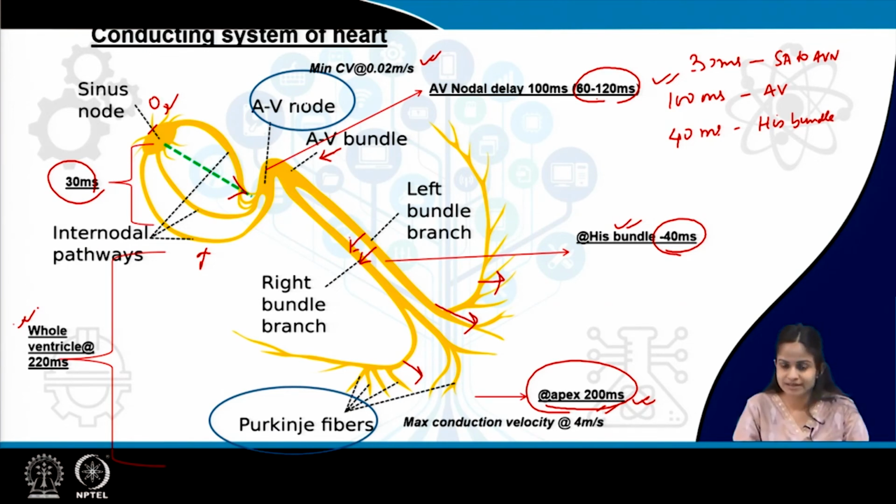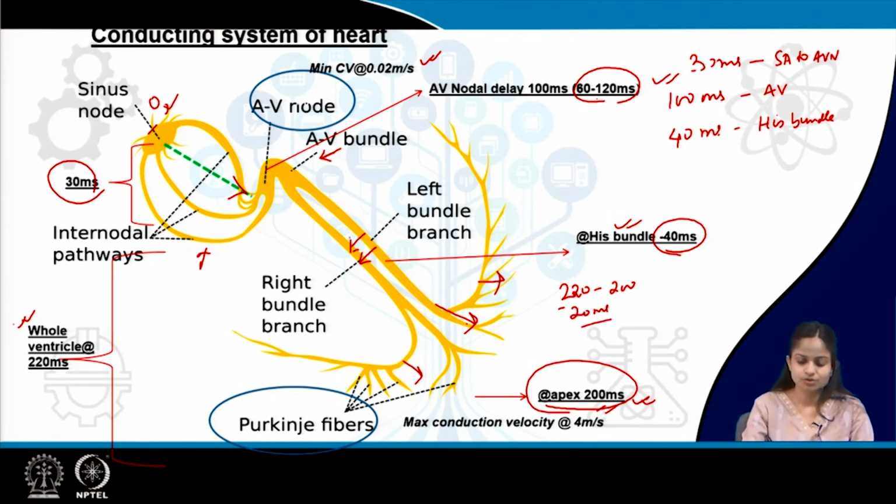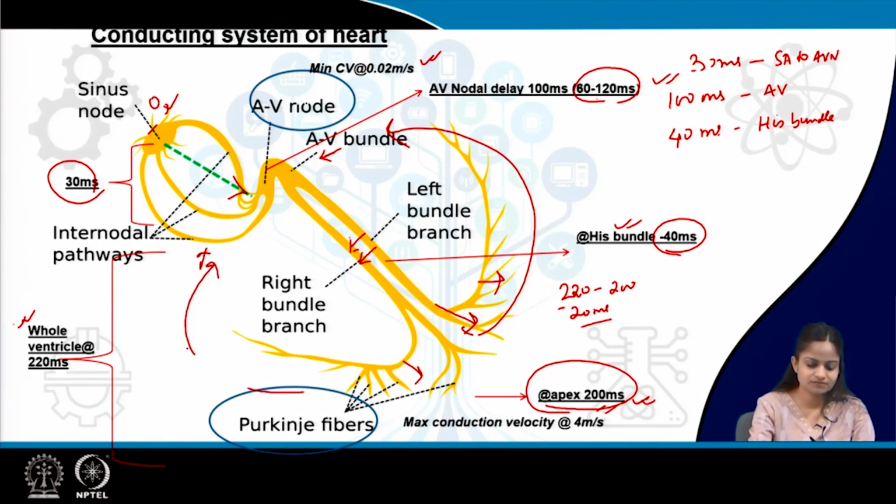So, the whole depolarization completes at 220 milliseconds, which means the Purkinje fibers take only 220 minus 200, that is 20 milliseconds, to reach from the ventricular wall to the base of the heart. So, you can understand how fast the conducting Purkinje fibers are.